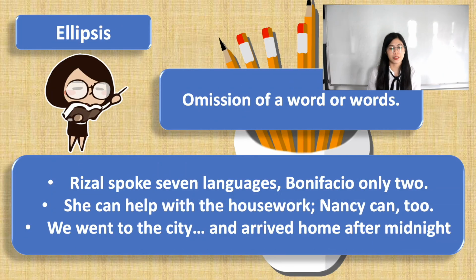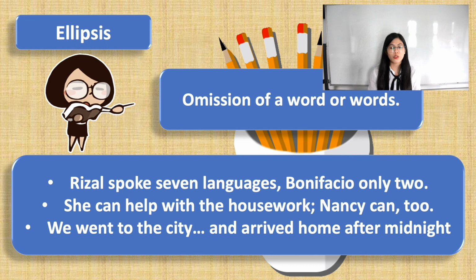Next, we have the ellipsis. It is the omission of a word or words. So example: Rizal spoke 7 languages, Bonifacio only 2. As you can see here, we omit or remove some of the words. Next: she can help with the housework, Nancy can too.